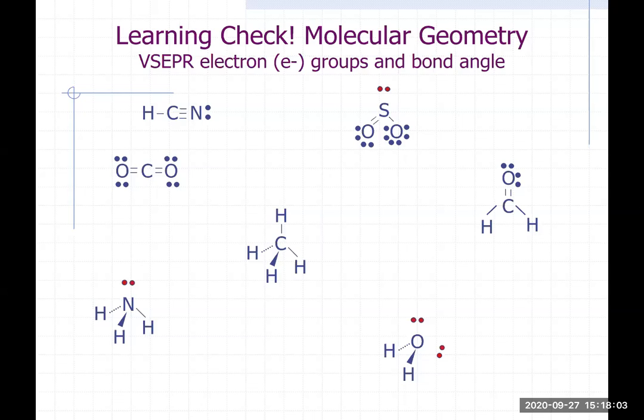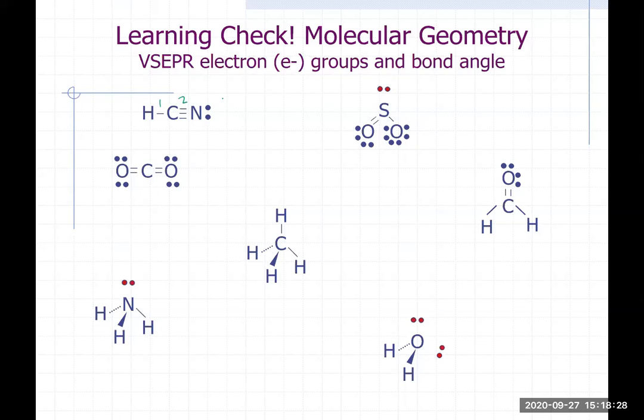So number 1 has been done, Lewis structures. Number 2, now we're going to determine how many VSEPR groups we have. And that will tell us what the bond angle is. Then we determine how many are bonding and how many are non-bonding, and that will tell us what the molecular 3-dimensional shape is. So here we have 1, 2 VSEPR groups.